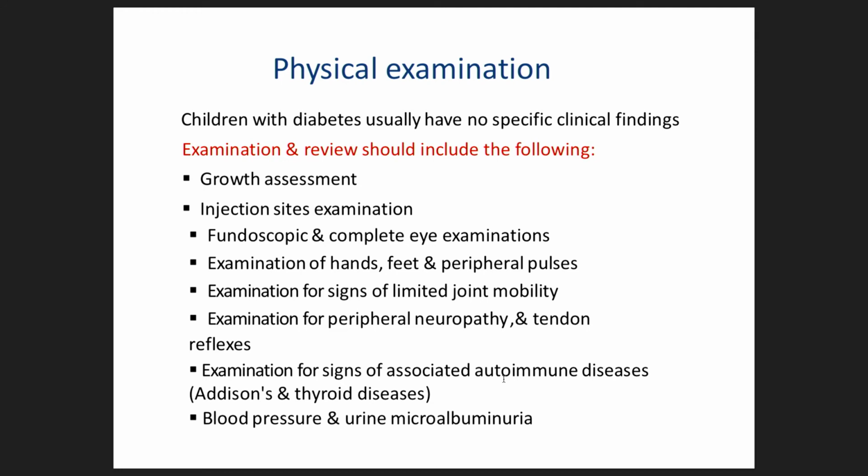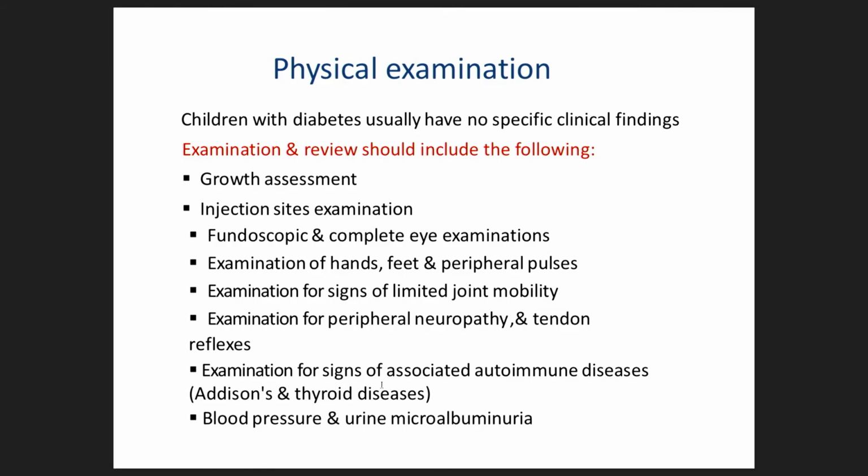The commonest three associated autoimmune diseases with type 1 diabetes: number 1 is celiac disease, number 2 is Addison disease, number 3 is autoimmune thyroid disease, whether Hashimoto's or Graves' disease. So we always have to think of these three in any child, adolescent, or adult with type 1 diabetes.